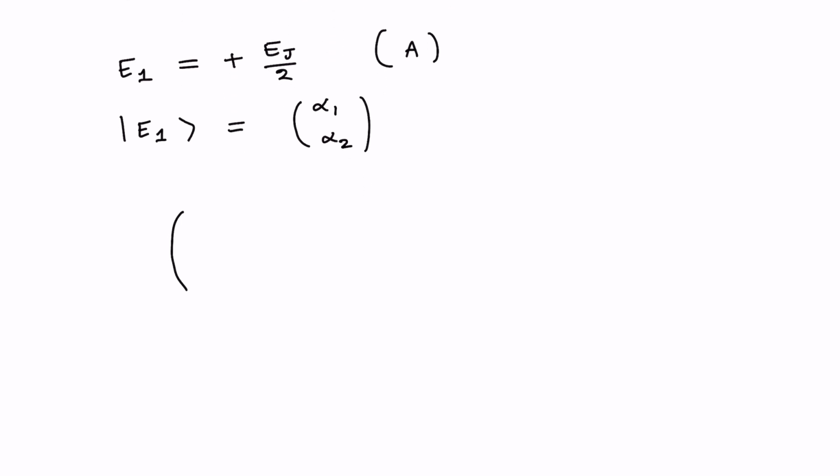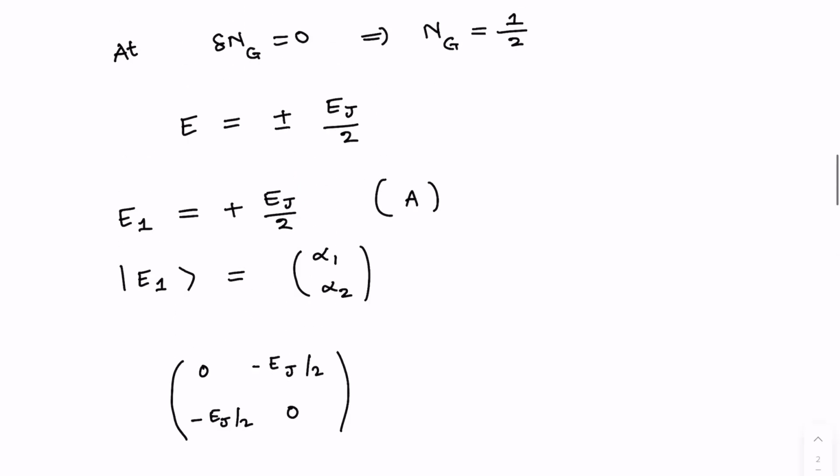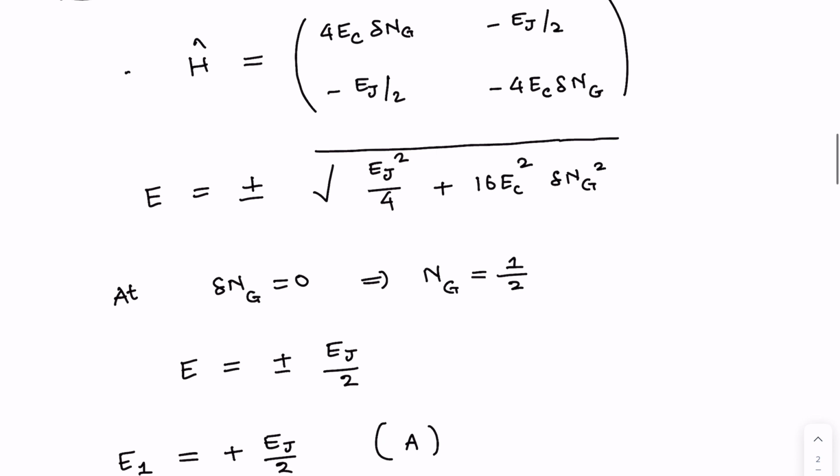We know how to find the eigenstate just by taking this matrix: 0, minus Ej by 2, minus Ej by 2, and 0 here, because delta Ng is equal to 0.